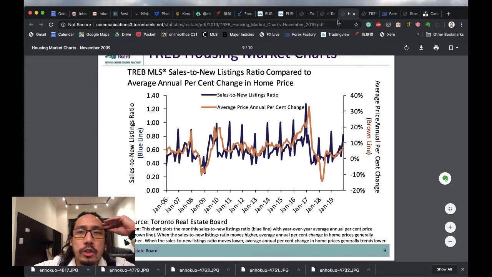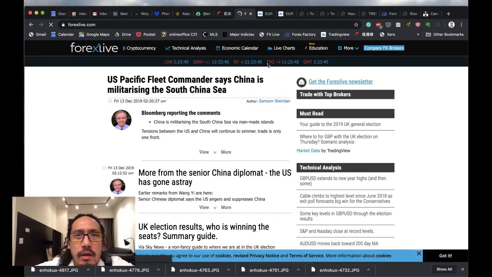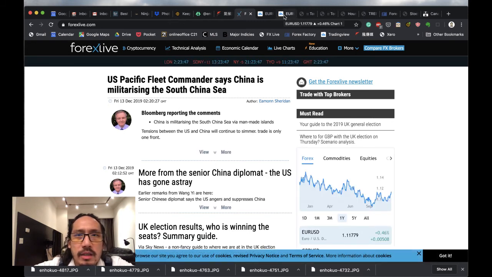Okay, so I just want to show you how I personally tie all these financial assets together, so that you're not only looking at individual ones, because everything again is correlated. All right, so I think we're almost at the end of the UK election, pretty much at the end. So yeah, I guess Brexit is going to happen.